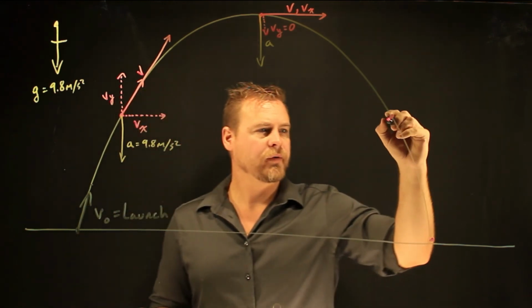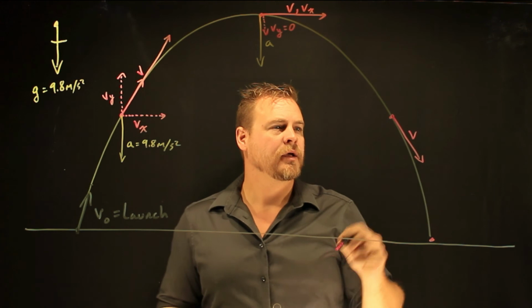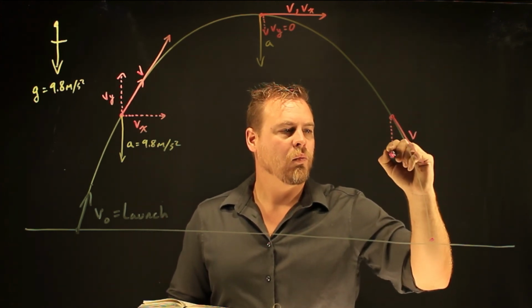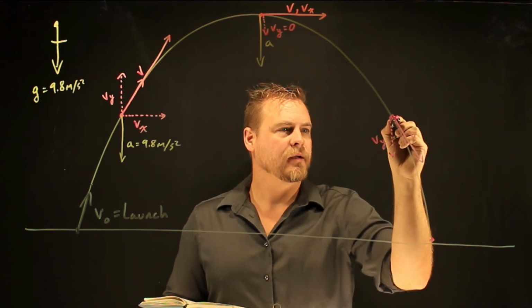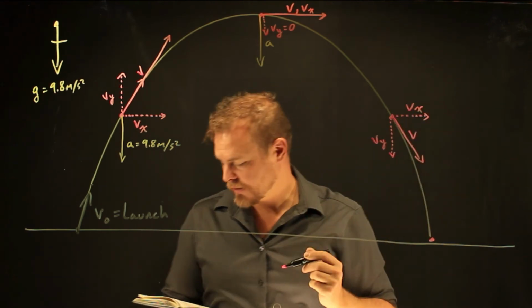If we look at this point right here, the line tangent is going to be my velocity, and my y velocity, v sub y, and my x velocity, v sub x, are some values.